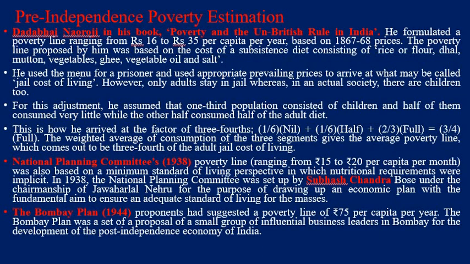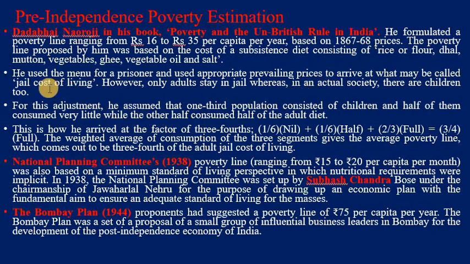Now here, a pre-independence poverty estimation is Dadabhai Naoroji. In his book, Poverty and the Un-British Rule in India, he estimated the poverty ranging from 16 to 35 per capita per year, based on 1867-68 prices.